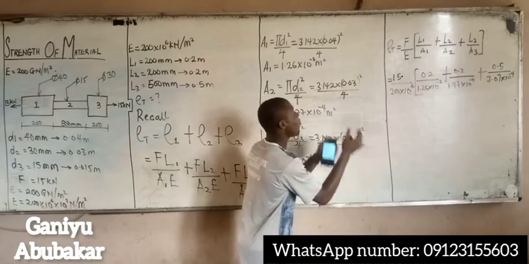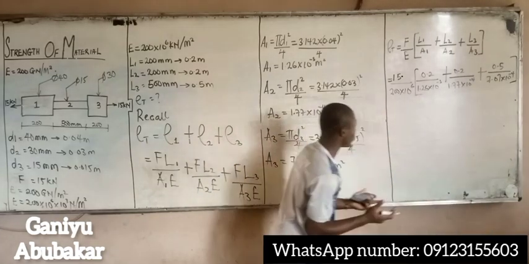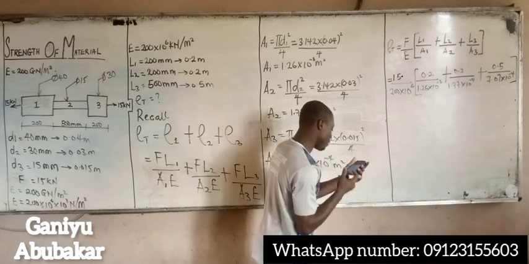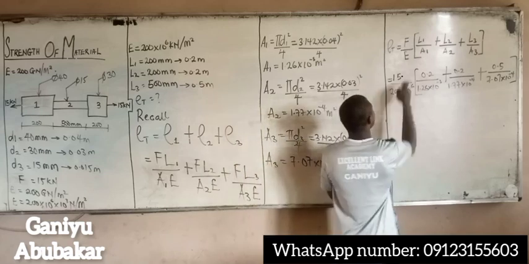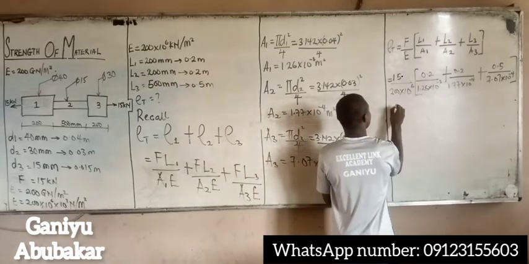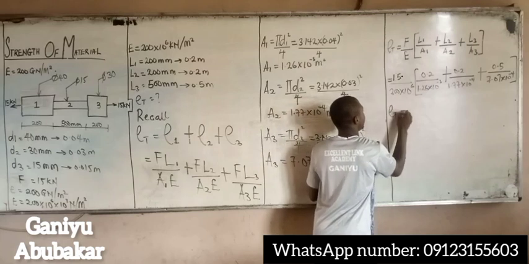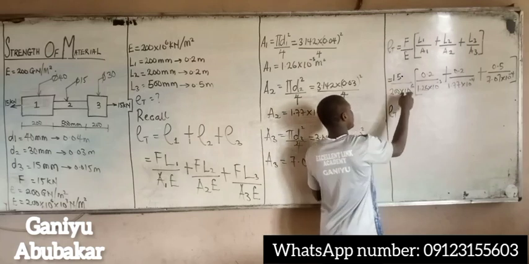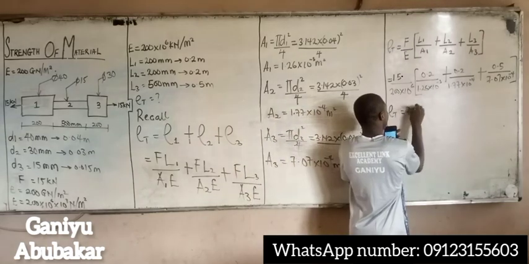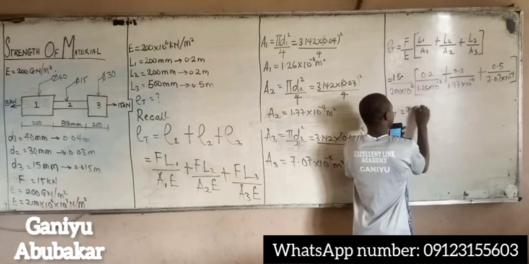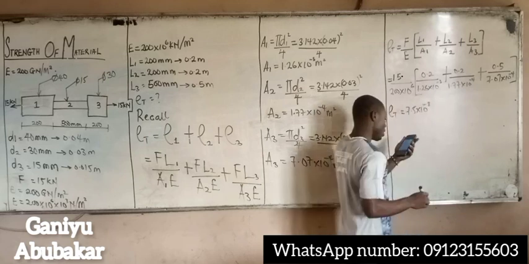So I'll plug in all my values now. What do I do now? I need to start punching, right? If I punch my values, now listen please, if I punch this one, the 2 here, I'll have total elongation equal to, if I divide by this value here, 7.5 times 10 to the power minus 8 this way, right?